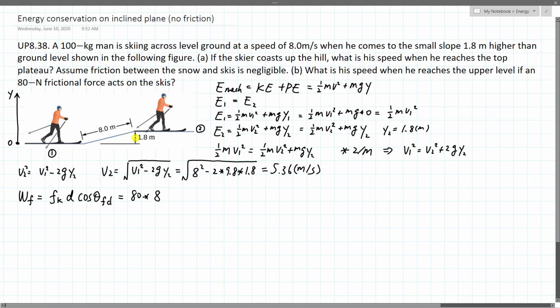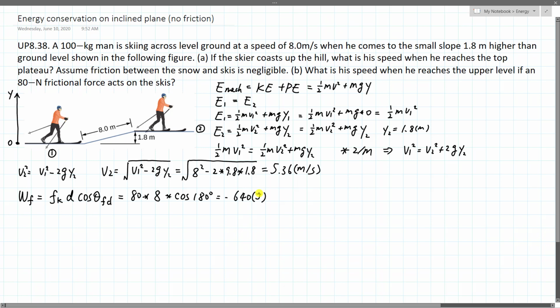Is not 1.8 because friction points along the slope downward and the displacement along that is 8 meters. Okay, and there's a cosine of 180 degrees, which gives you a -1. So minus 640 joules of energy is taken out by friction.